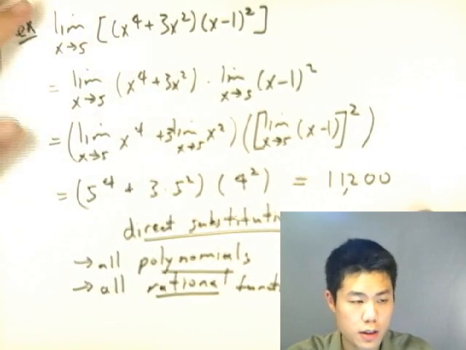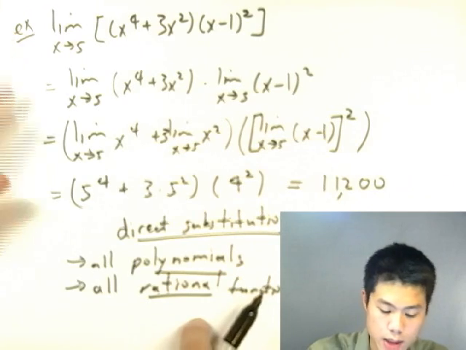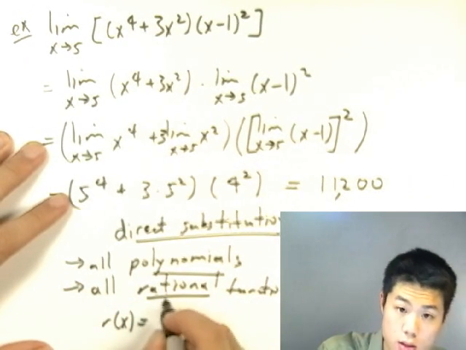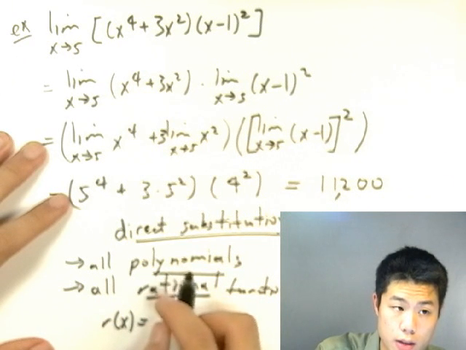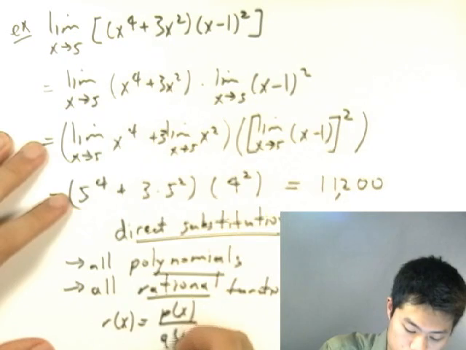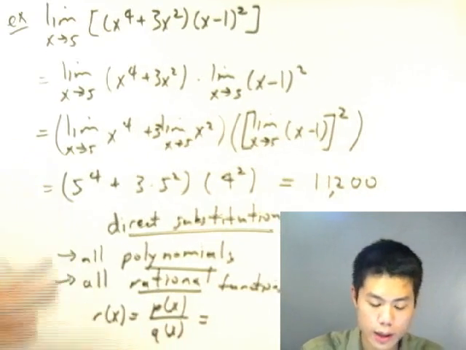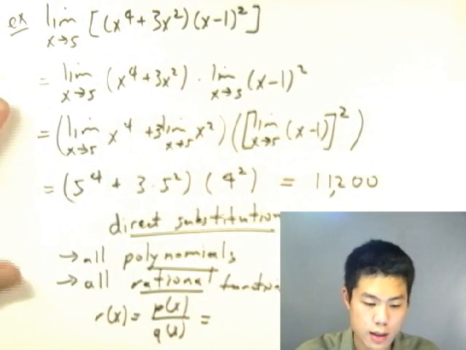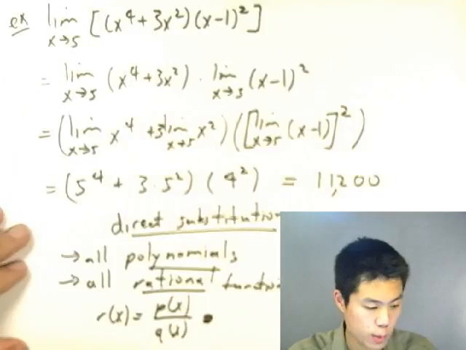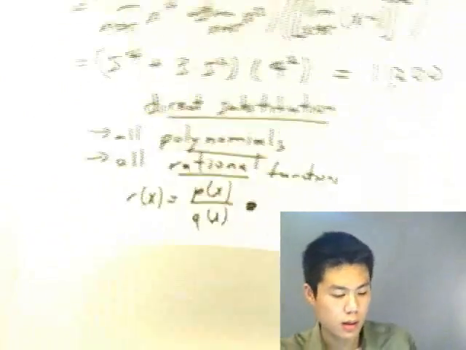Okay, so rational functions, same story here. Remember, with rational functions we have a polynomial over a polynomial. Right? And we can just simply do a direct substitution with this, as long as it's not equal to 0. Let me write this in a more clear manner.